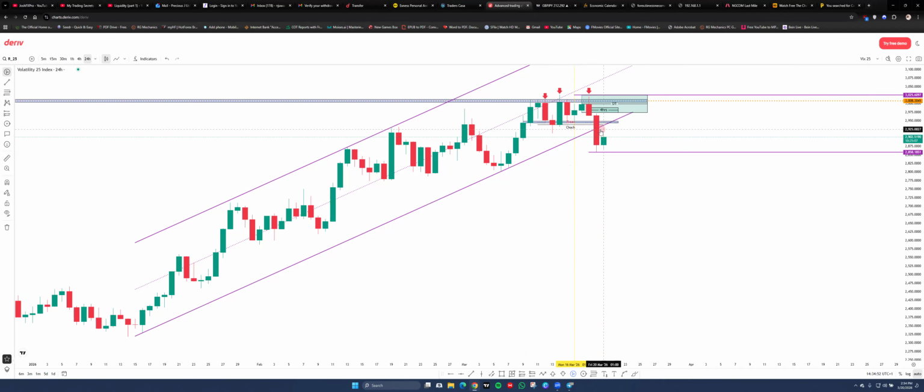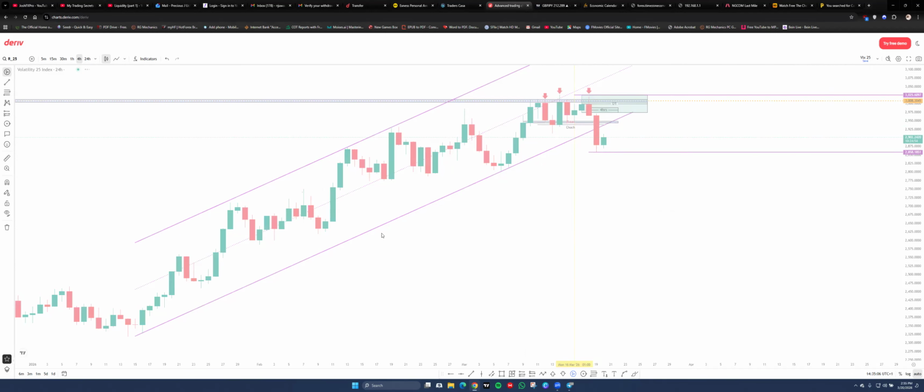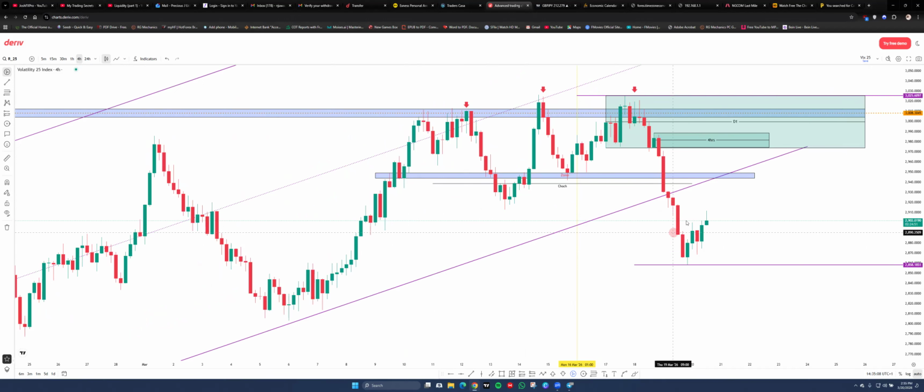But I'm hoping to take any trade that comes along just above this, my change of character point, or any trade opportunity that I see along that point. If you look clearly again, on the 4 hours we still have that same zone here as well, which is above the change of character point.